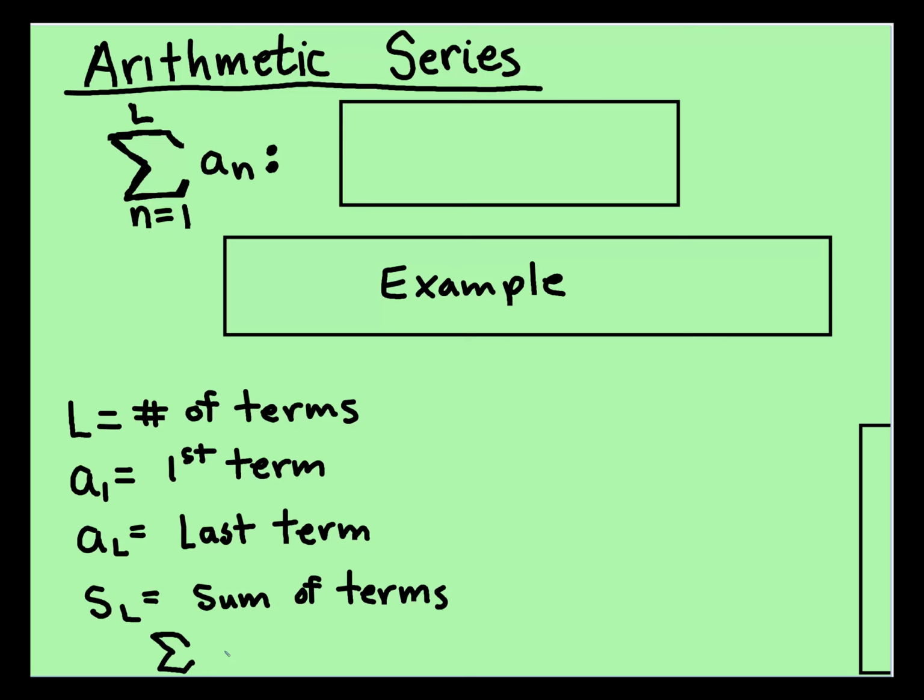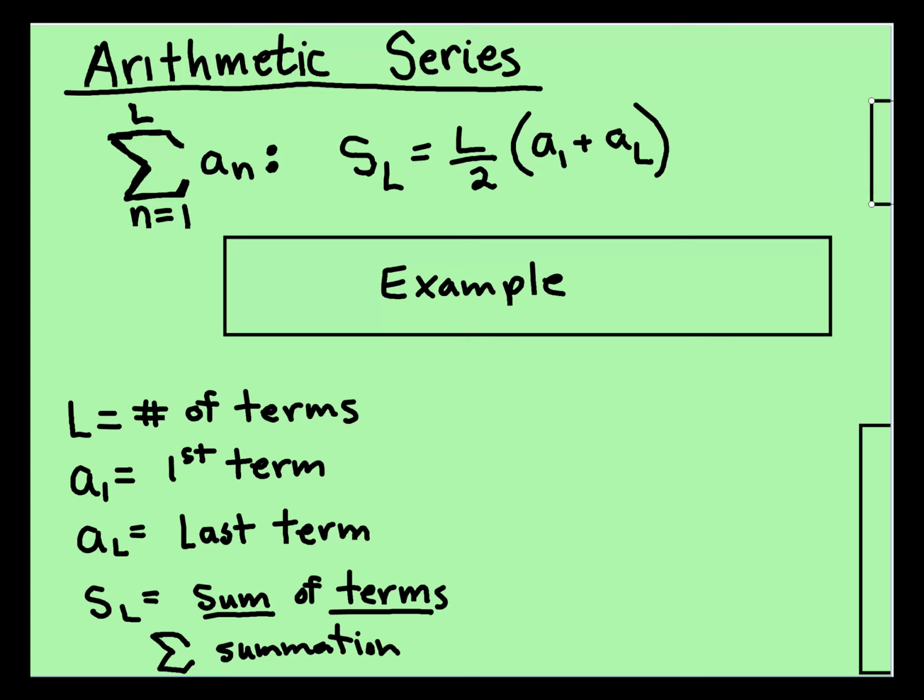This is the summation, meaning the sum of things. The capital L is the number of terms. A sub 1, again, is the first term, but a sub L would be the last term in the sequence. And S sub L means it's a series, the sum of terms, whereas a means it's a sequence.